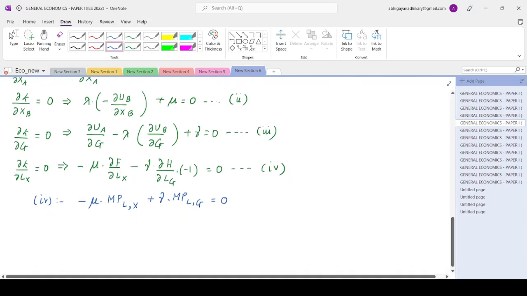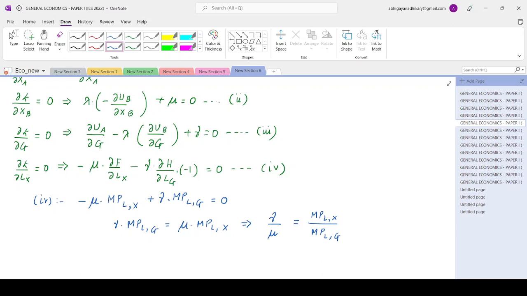So gamma times MPL in G is equal to mu times MPL in X. That means the ratio gamma by mu is the marginal product of labor in sector X divided by the marginal product of labor in sector G.